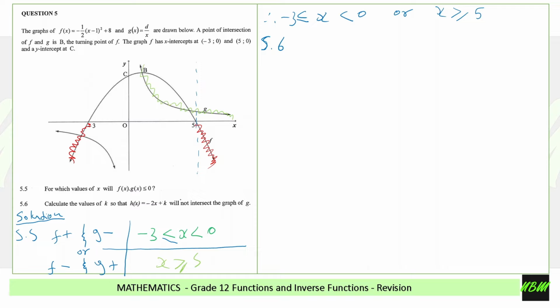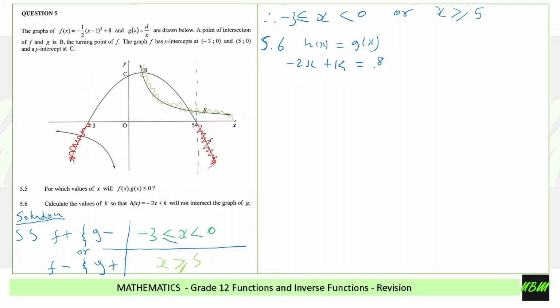But the question is, what will happen when they intersect? When they intersect, that is where h of x will be equal to g of x. So what is h of x? H of x is minus 2x plus k equals g of x, d over x.